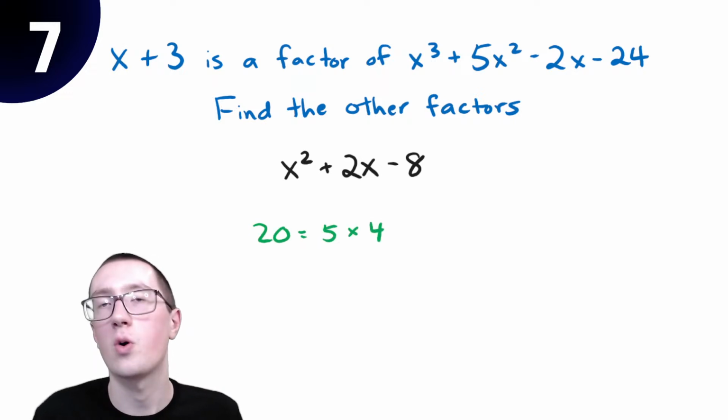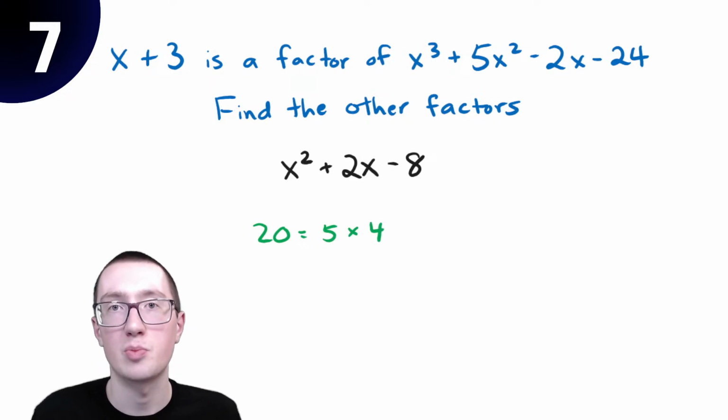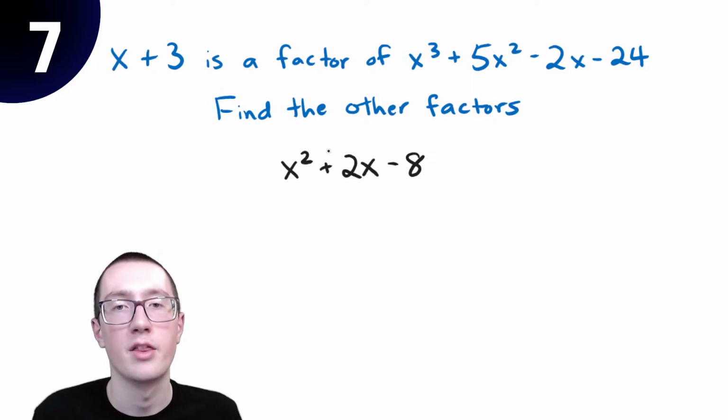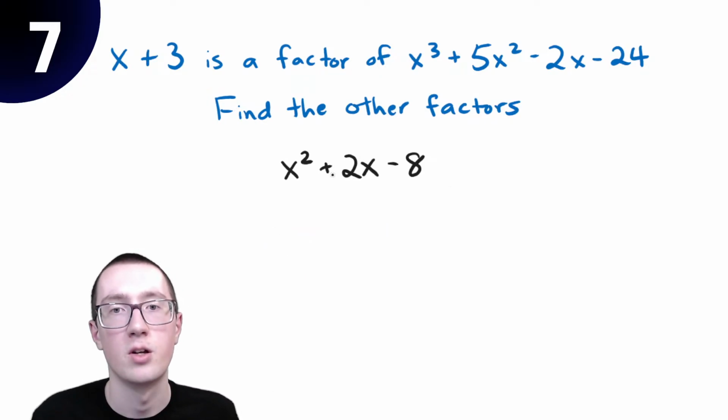So 5 times 4 are factors of 20. But it's possible that the 4 that we got could also turn into more factors, like 2 times 2. So we need to check to make sure that this can't be factored again and split up into more factors. So the way that we factor is like I was talking about before, but it's the easier method because there's no number in front of x squared.